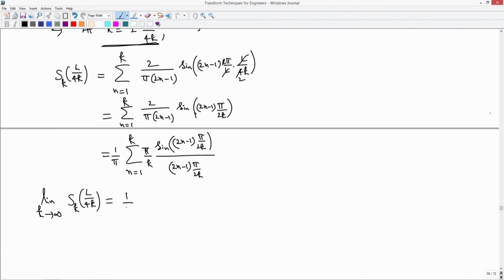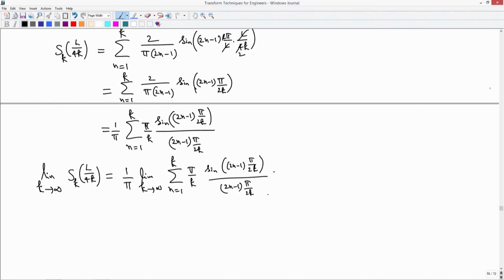So, this is going to be 1 by pi, the limit k goes to infinity, of the sum n from 1 to k, pi by k, times sine of 2n minus 1 pi by 2k, divided by 2n minus 1 pi by 2k.